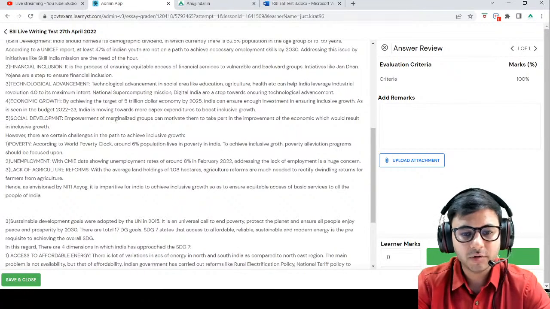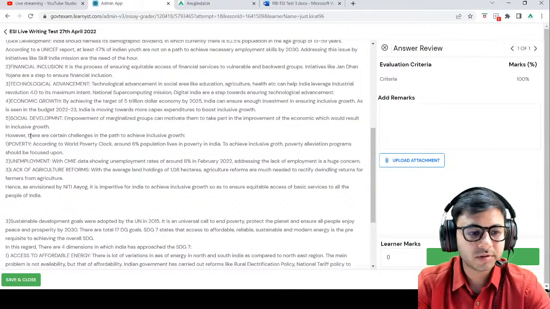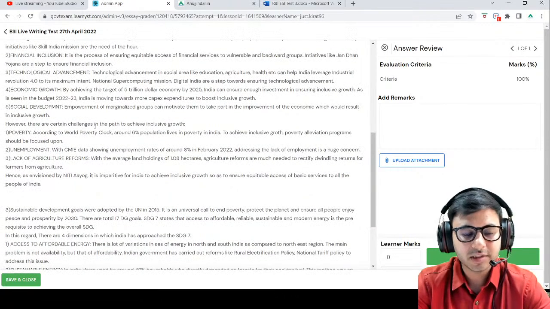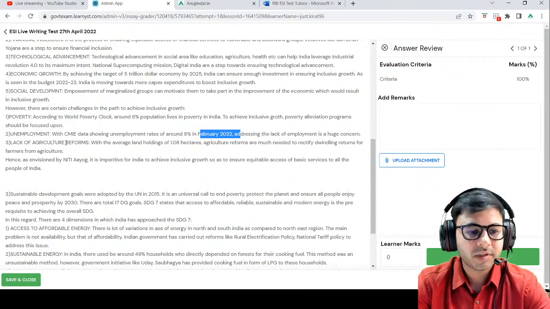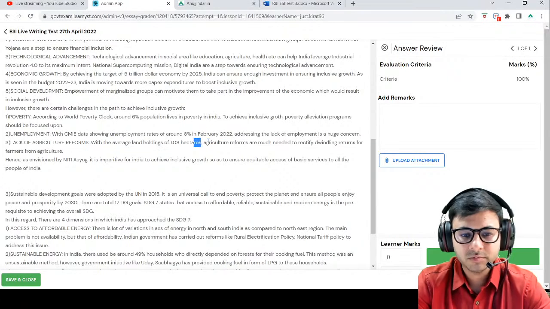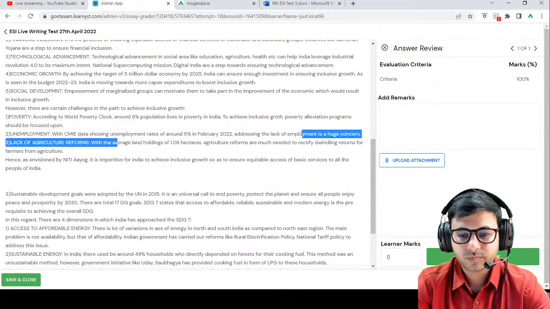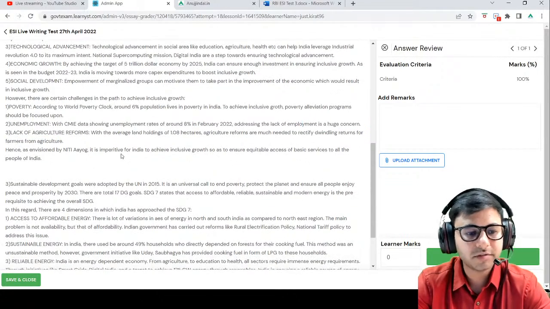Social development and empowerment of marginalized groups. However, there are certain challenges in the path to achieve inclusive growth. Poverty हमारी बहुत ज़्यादा है. Unemployment 8%. Lack of agricultural reforms. Average land holding.